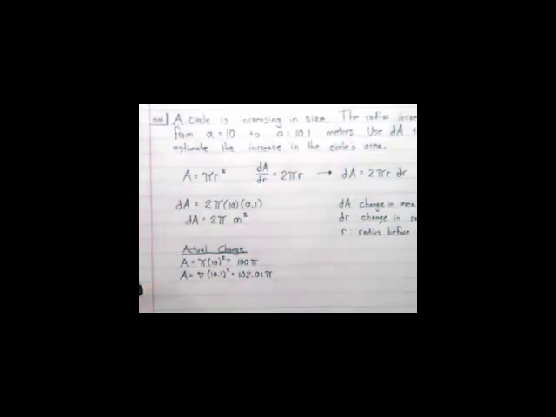And then the area after the change, 10.1 squared. So what is 10.1 squared? That is 102.01. So what's the change in area there if we got 100 pi and then 102.01 pi?